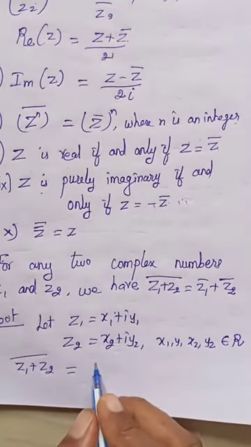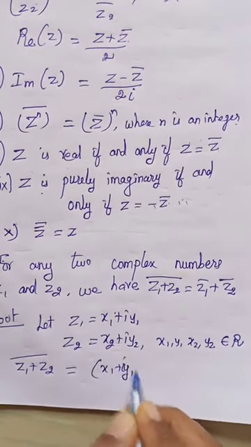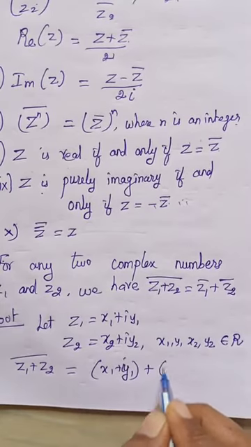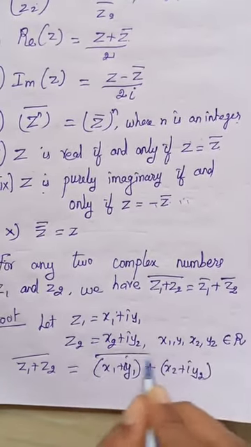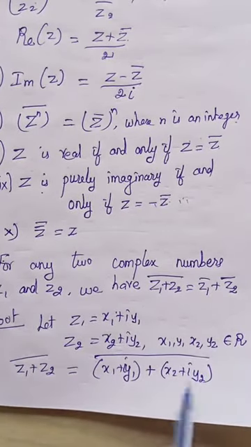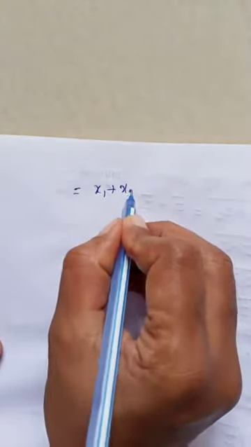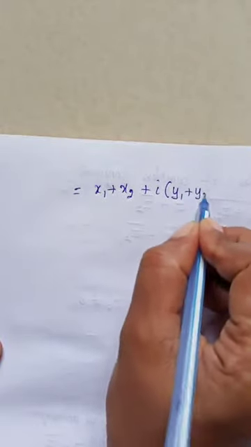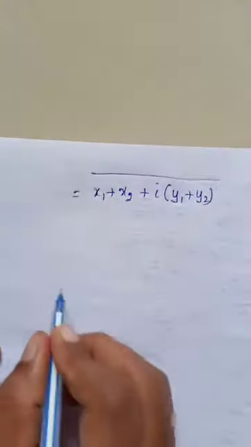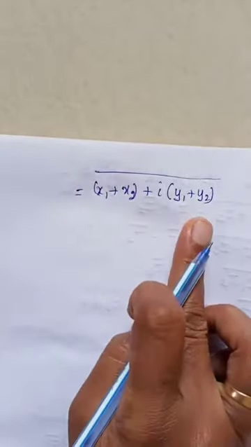That is x1 plus i y1 plus x2 plus i y2, the whole bar. First I have to add it, so we get x1 plus x2 plus i into y1 plus y2, the whole bar. Now this is real part plus i into imaginary part.